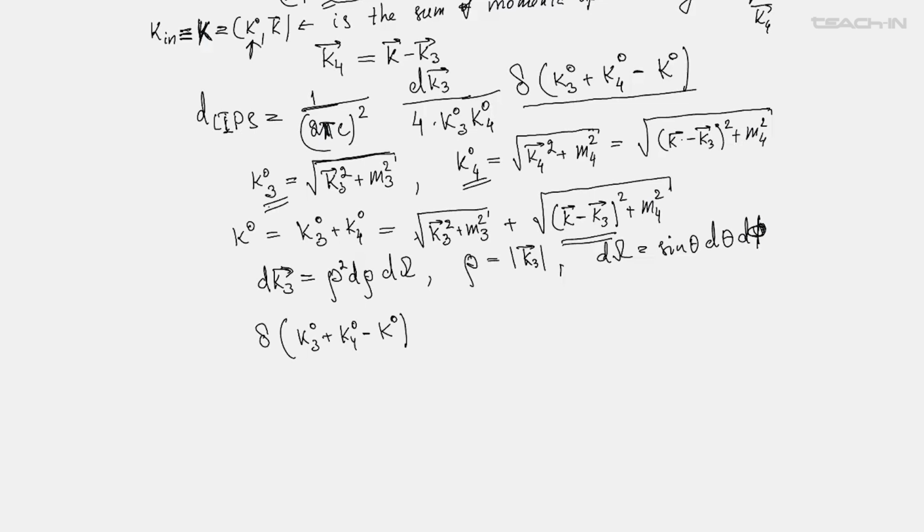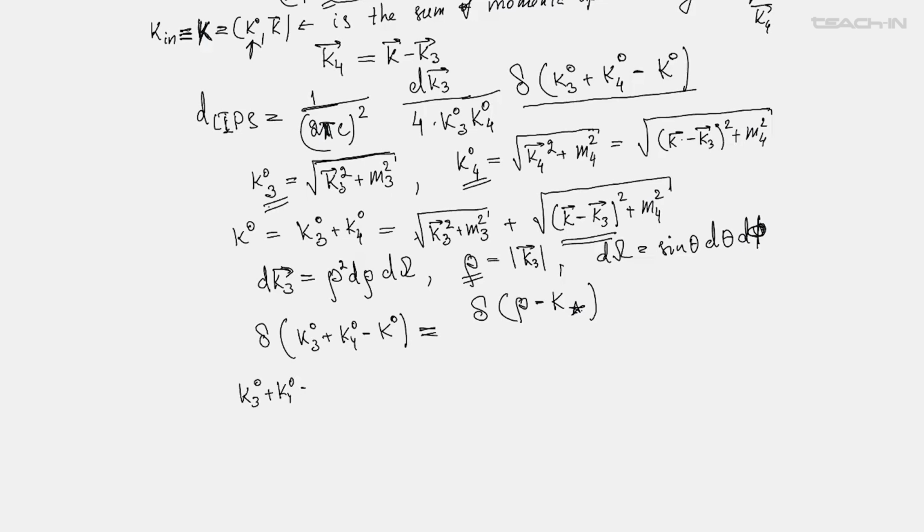And so I would like to rewrite it where the delta function looks like rho minus k star, where k star I understand as a solution of the following equation, as a root of the equation K30 plus K40 minus K0 is equal to 0.